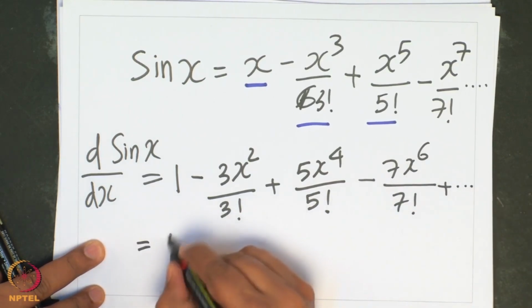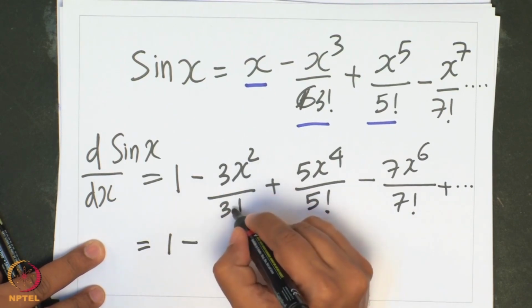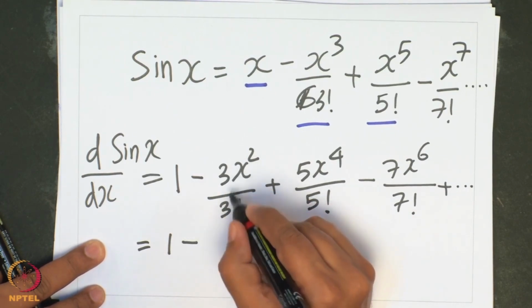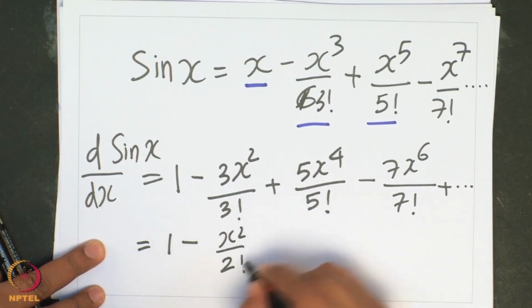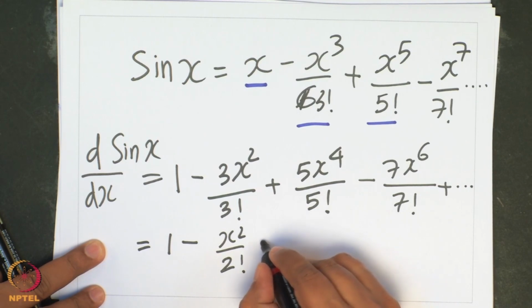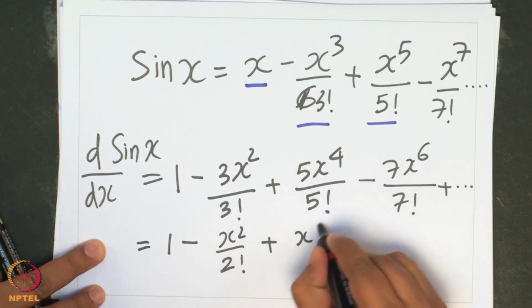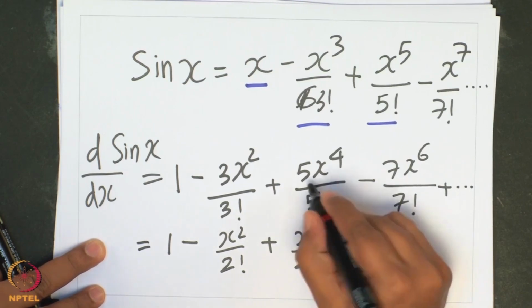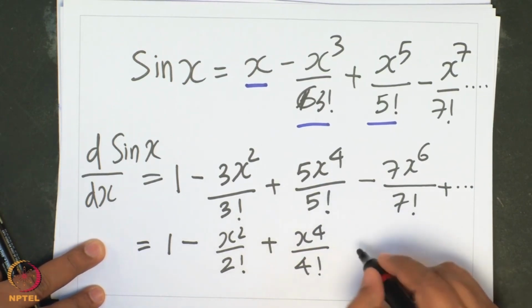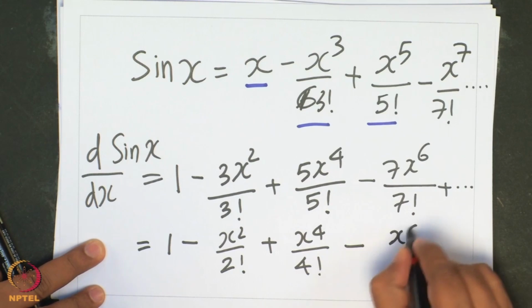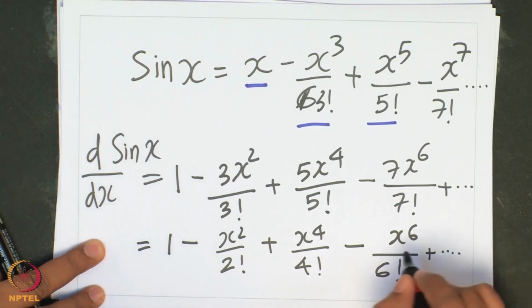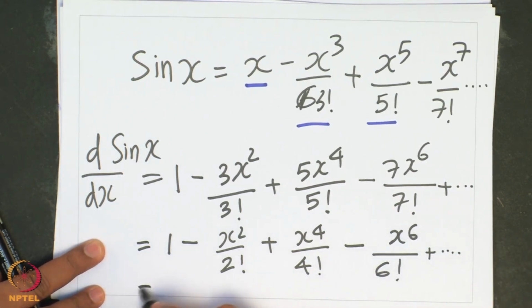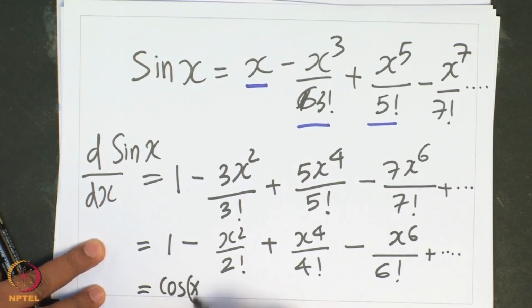Now, this is 1, minus x square by 2 factorial, since 3 divided by 3 factorial is 2 factorial, plus x power 4 by 4 factorial, since 5 divided by 5 factorial is 4 factorial, minus x power 6 by 6 factorial, plus dot dot dot, and this turns out to be just the cos x expansion.